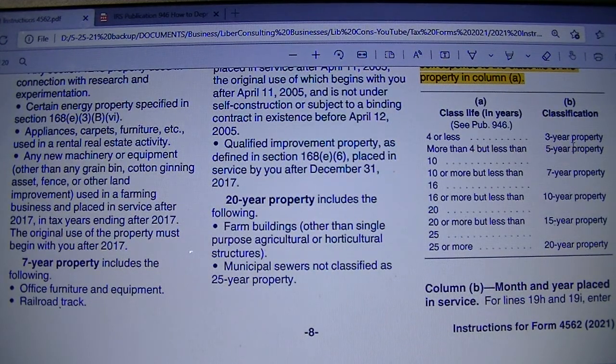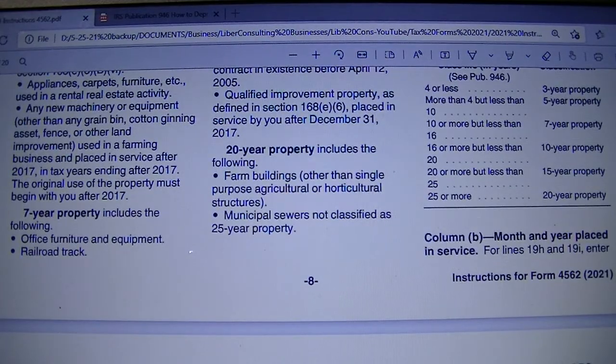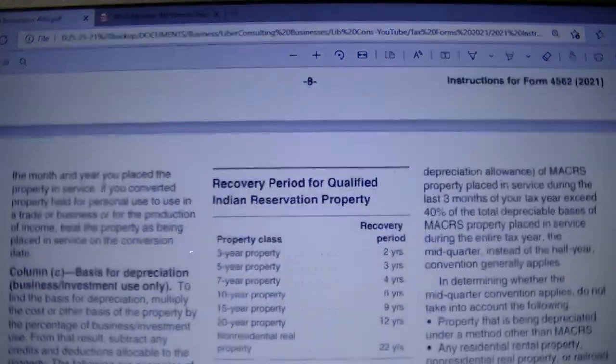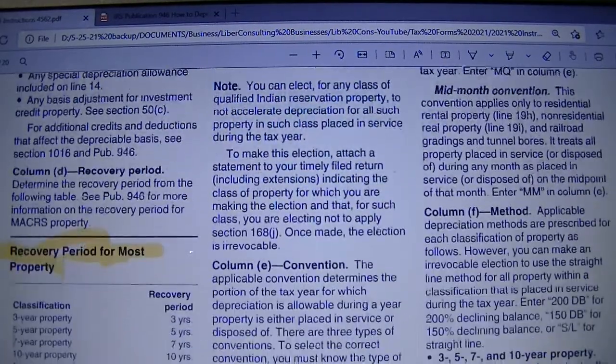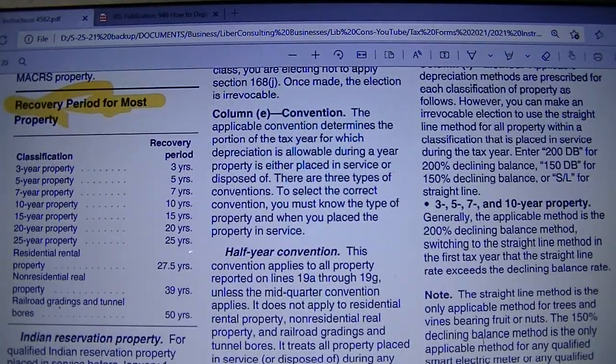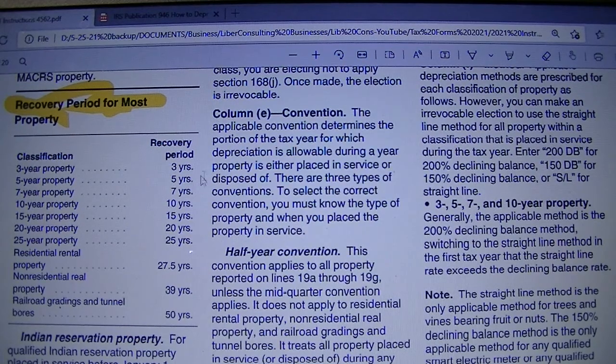So you want the property class, so that's 5-year. Now that you know the property class, when you scroll down, you correspond that property class to the recovery period. So 5-year property class corresponds to 5-year recovery period.